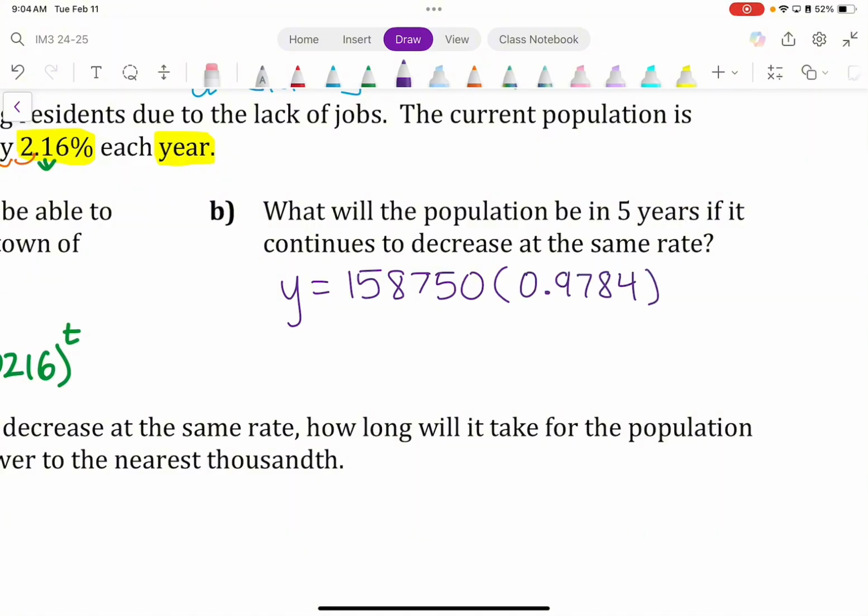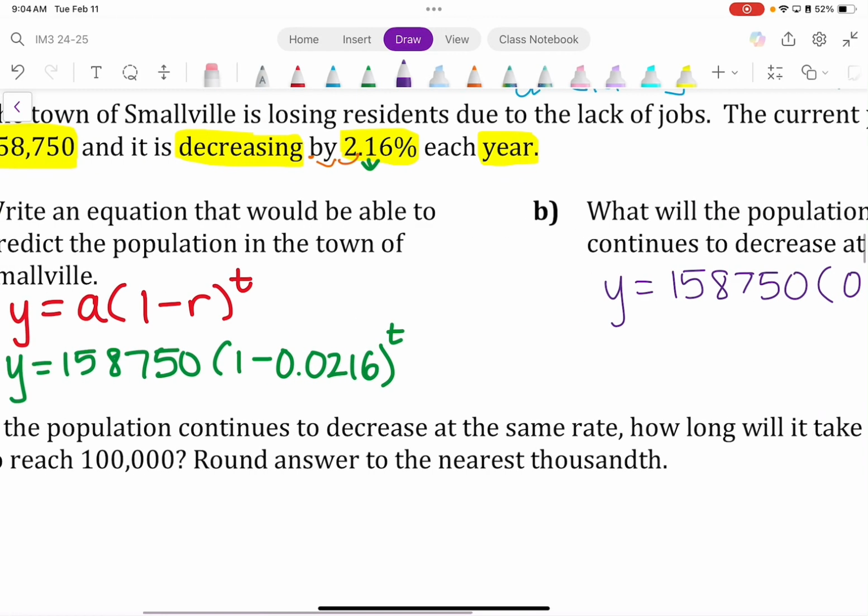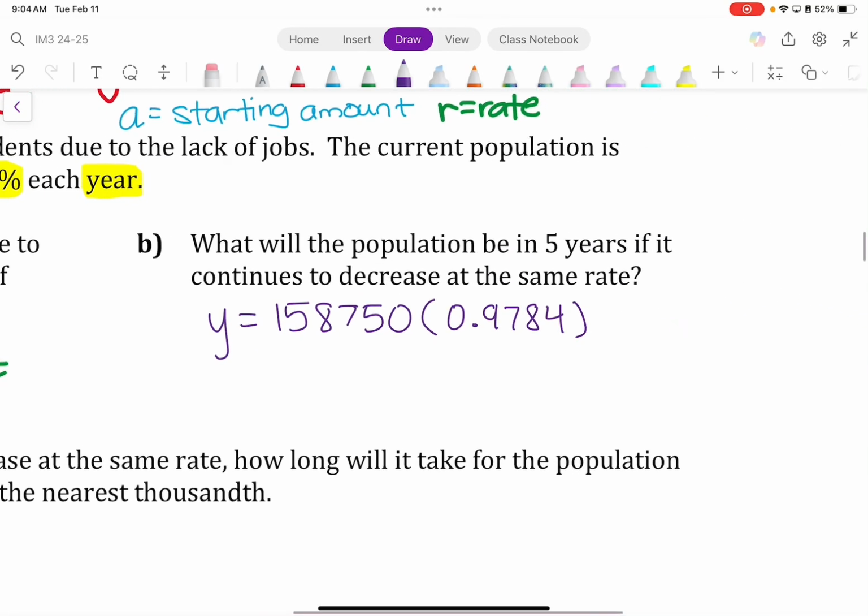In case you're wondering where that number came from, it's just combining the 1 and the minus the number. Okay. We all good with that? Okay. So we're going to raise all of this to the power of 5. So go ahead and try that in your calculator. Plug that in: 158,750 parentheses 0.9784 end parentheses arrow up and 5.